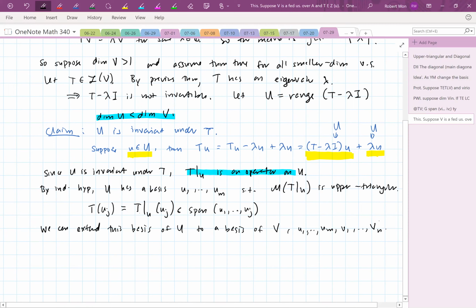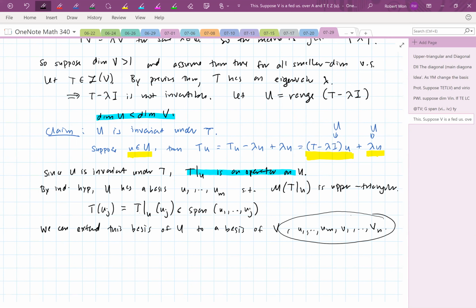This is now a basis of V. This will be our basis for which T is an upper triangular matrix.